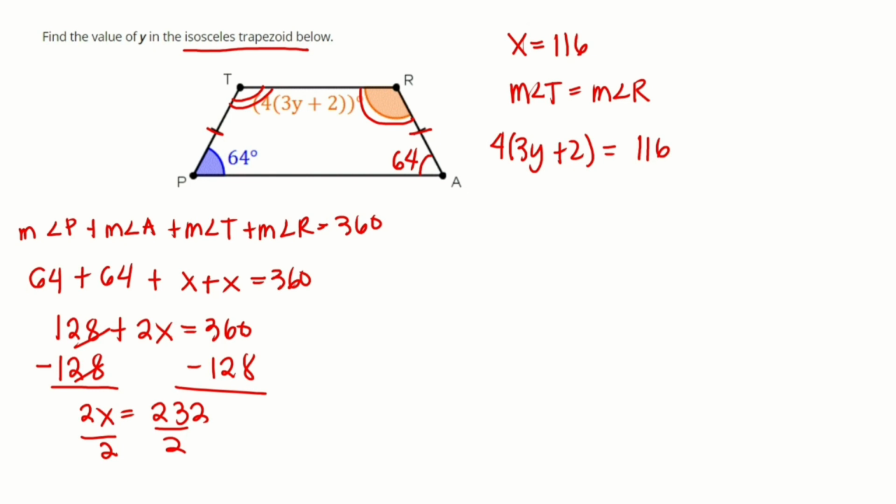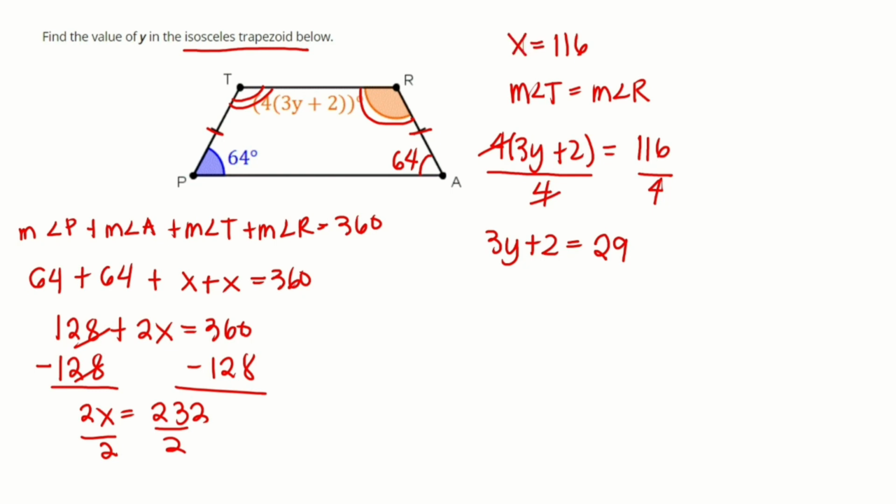Next, we will divide both sides of the equation by 4. So this is cancelled out. We have 3y plus 2 is equal to 116 divided by 4, the answer is 29.